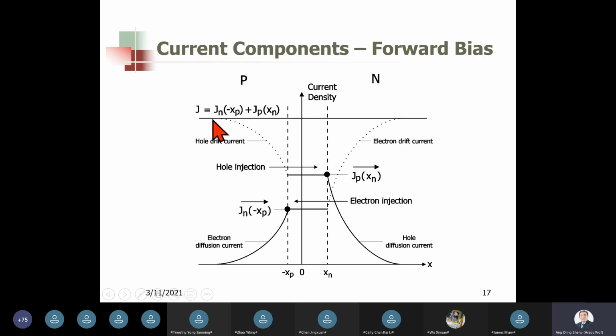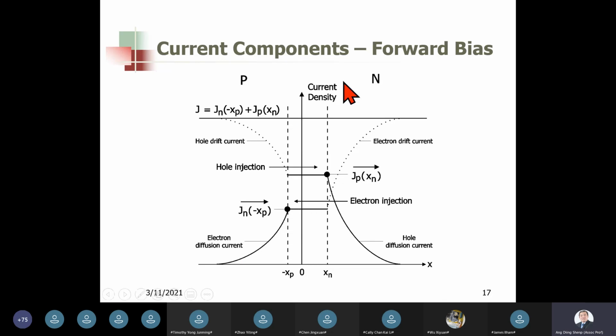Now, the same explanation applies to the hole drift current, right? There are two components. One is to sustain the injection of holes to the N side, which is a constant component. And the other component, which is distance dependent, is due to the holes needed to recombine with the electrons. Okay, all right.